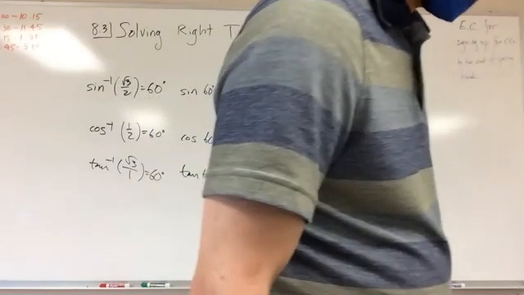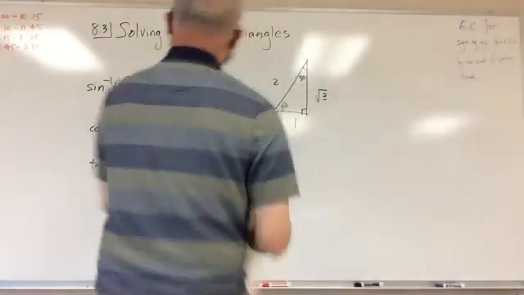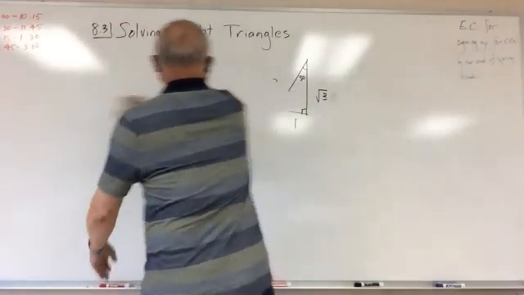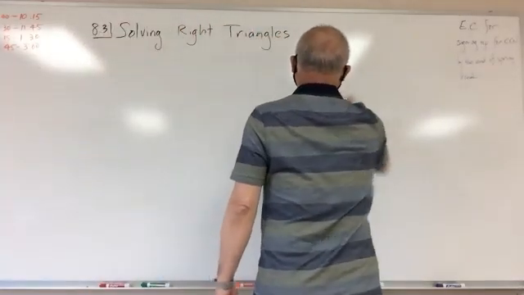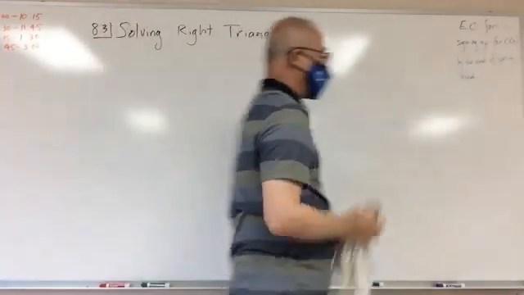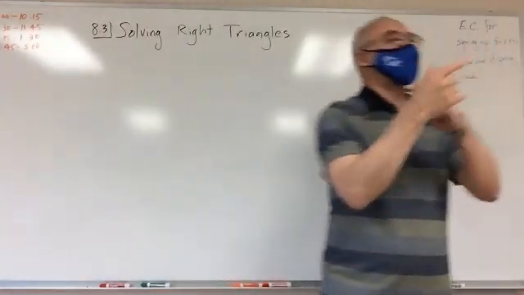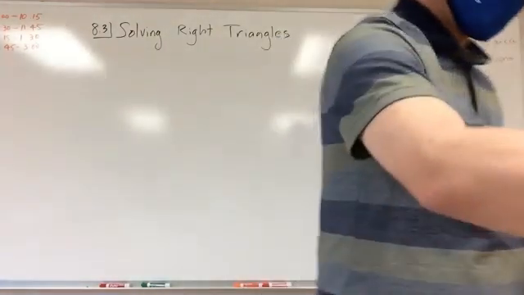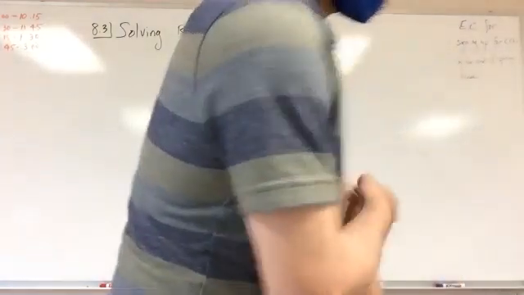Okay, so let's move on to example number 3. Just know that if you have a value of a sine, cosine, or tangent, now you have a method to actually find the angle itself. So now I can give you questions like this.